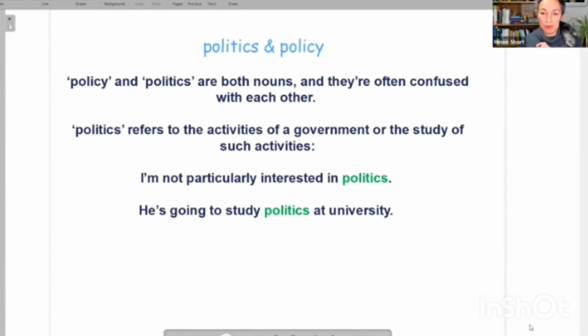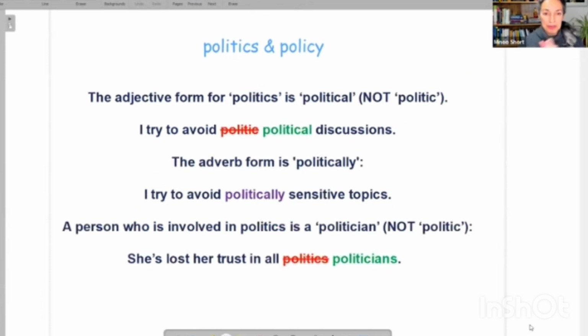Politics and policy. They are nouns. Now, looking at politics, politics refers to the activities of a government or the study of such activities. For example, I'm not particularly interested in politics, or he's going to study politics at university. Very important to remember this point.